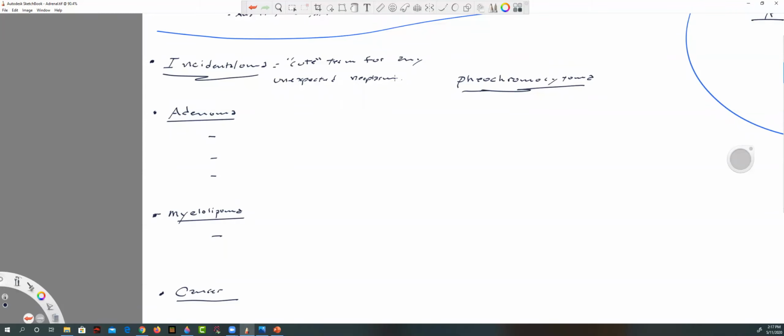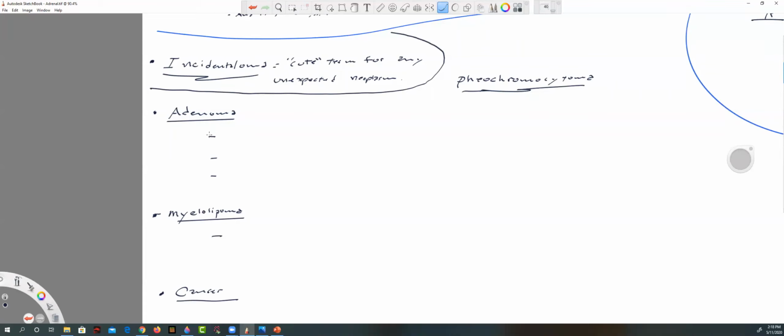Incidentalomas are found incidentally, and that's what we find, things incidentally all the time. So those are kind of their own thing. In fact, I'm going to give it its own little circle there.